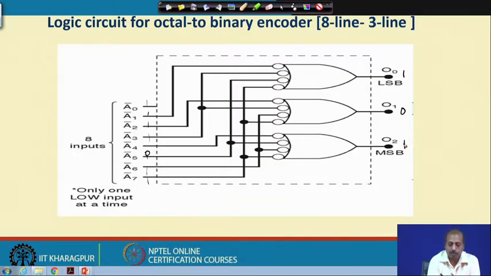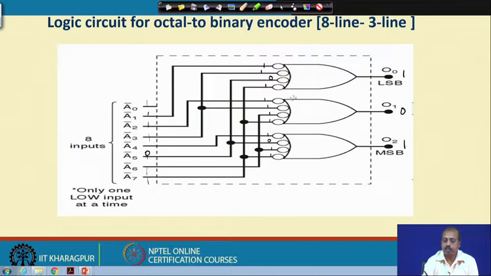If all of them are 1 and this A5 is 0, wherever this A5 line is going, we are getting a 0 here and a 0 here, and on all other places I have got a 1.